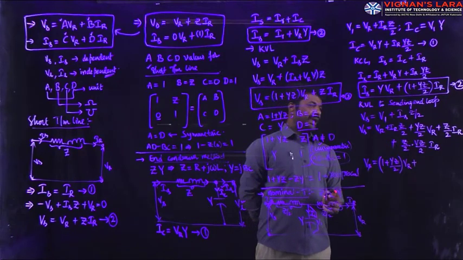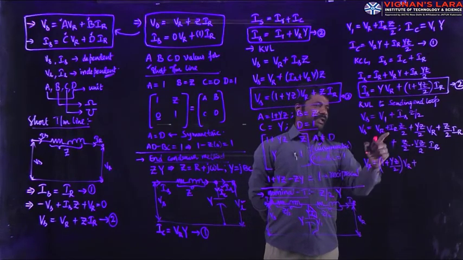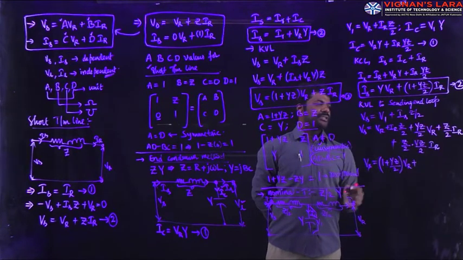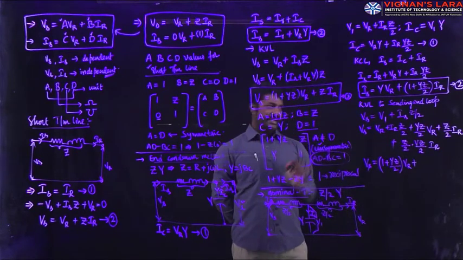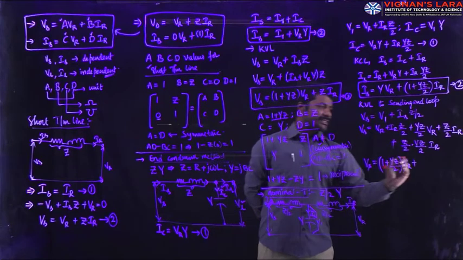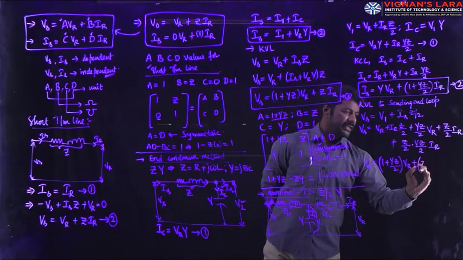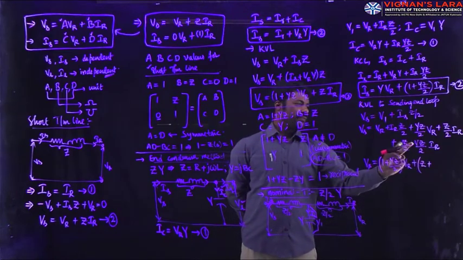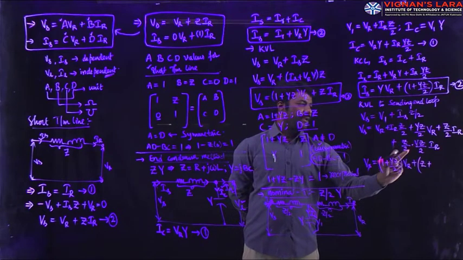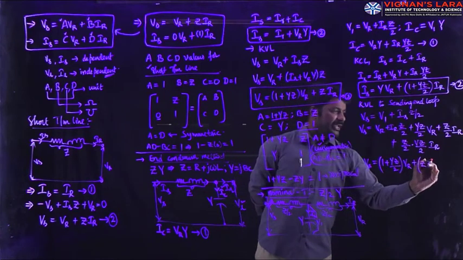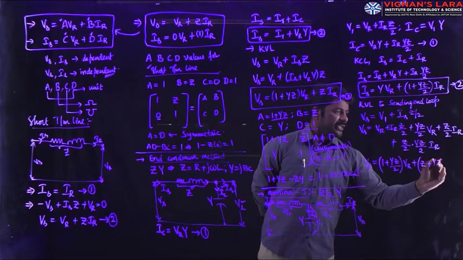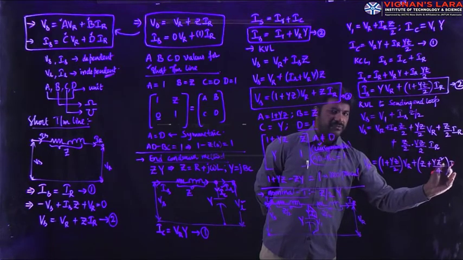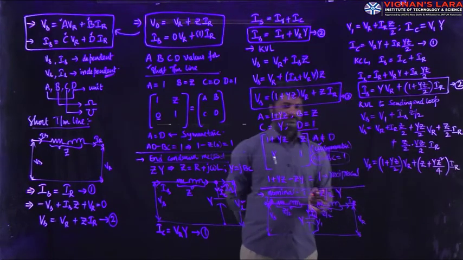Plus, simplify for IR. If you check the IR, it has a coefficient of Z by 2, Z by 2. Z by 2 plus Z by 2 is Z. And next, let me write here Z plus the remaining IR term, YZ square by 4. So I can write this as YZ square by 4 times IR.